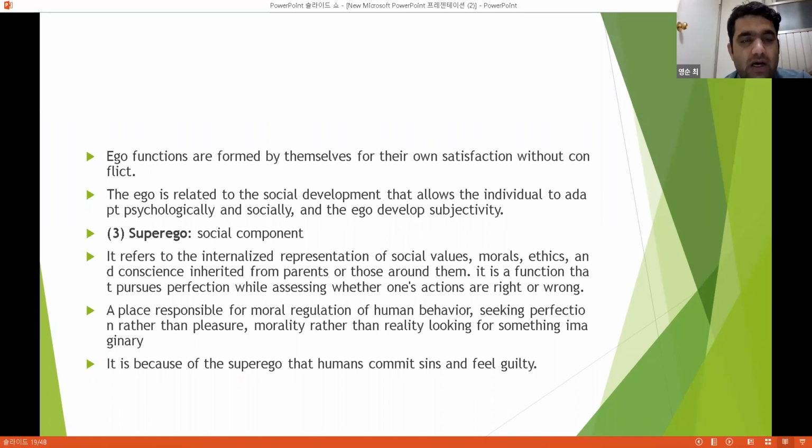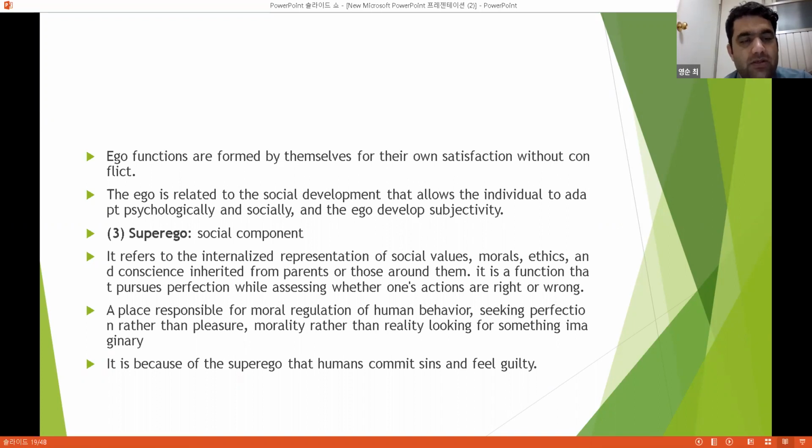Speaking about the superego, as we spoke before, what is the superego? The superego is a social component. It refers to the internalized representation of social values, morals, ethics, and the conscience inherited from the parents and also those who are around them. It is the function that pursues perfection while assessing whether one's actions are right or wrong without assessing the situation, right?